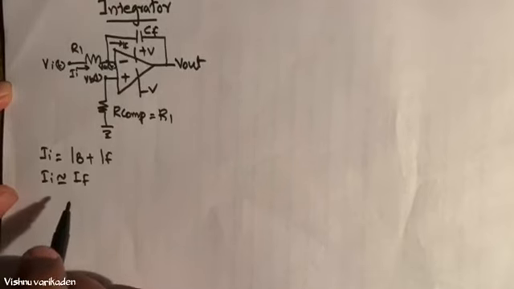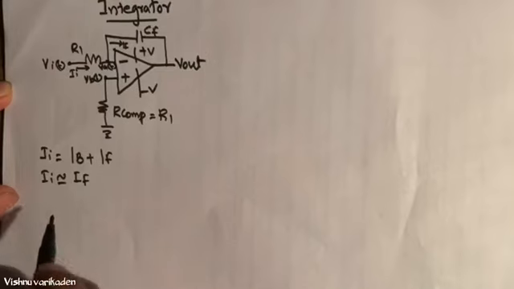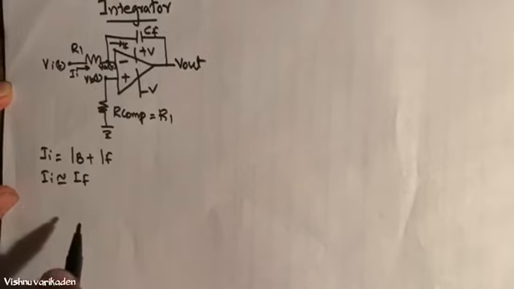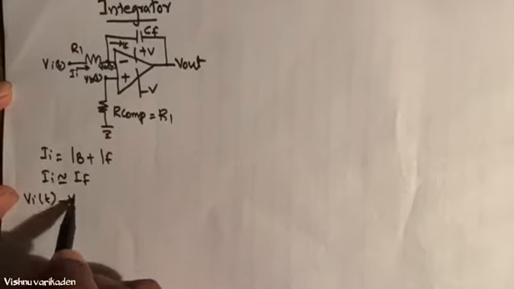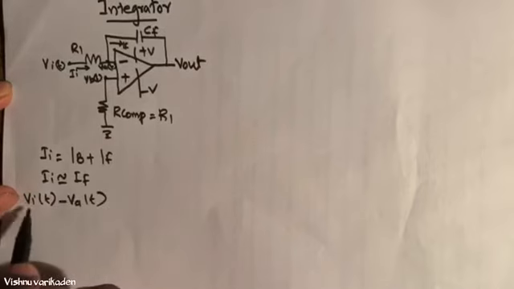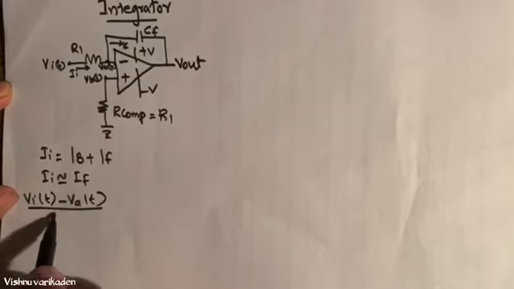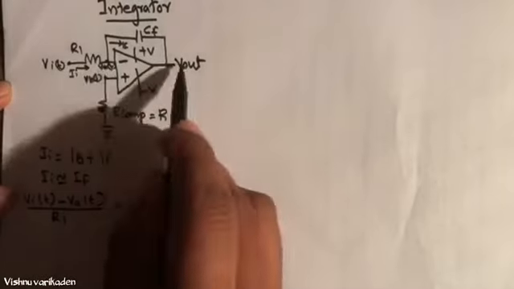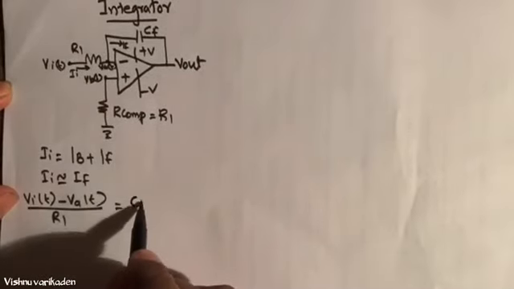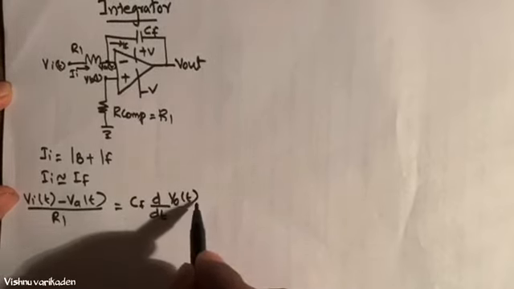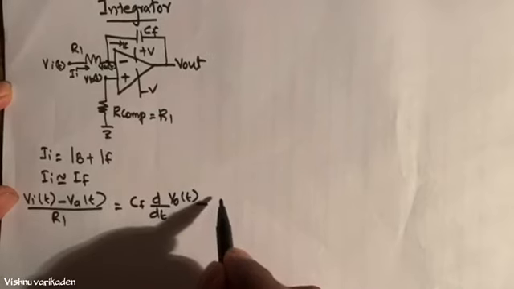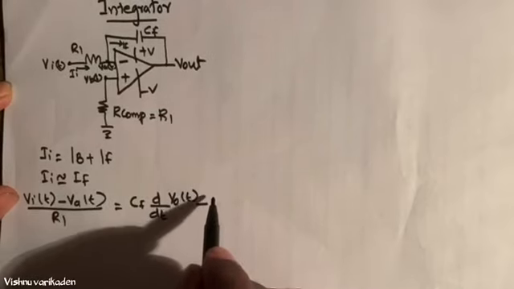So now making the equation for Ia and If. Ia is Vi of t minus Vb of t divided by the resistance R1, which is equal to the capacitor Cf times d by dt of V0 of t minus Vb of t.